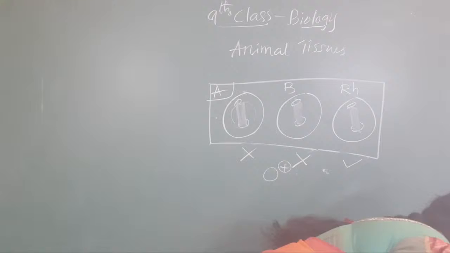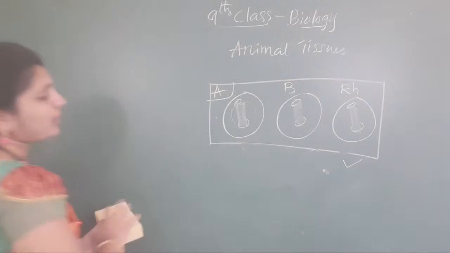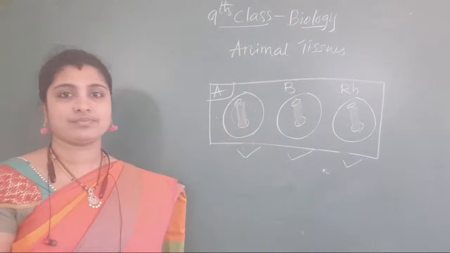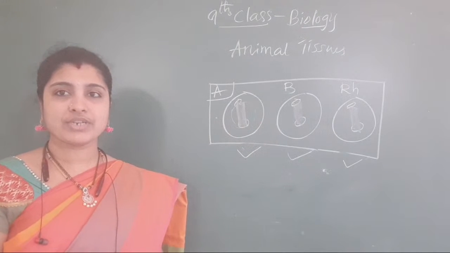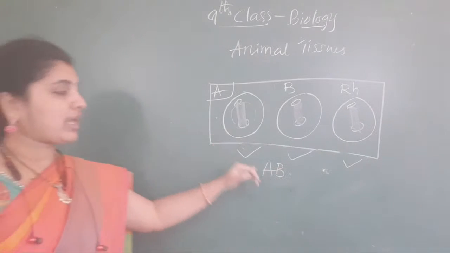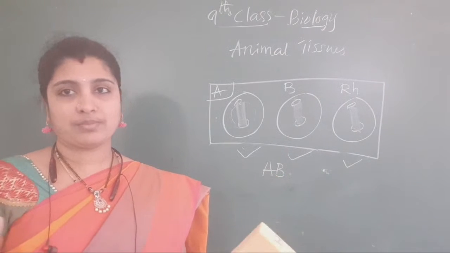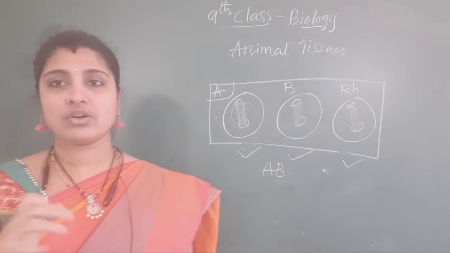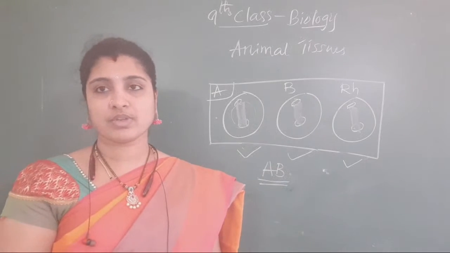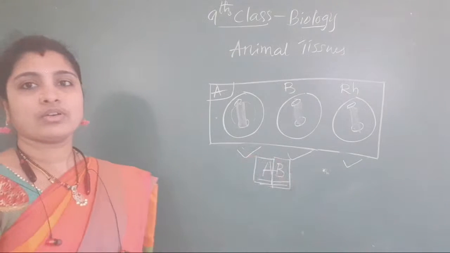So why are AB universal recipients? Because AB already has A and B. Understood, students? If you take AB, it has A factor and B factor. Okay, listen here. Suppose you are AB blood group; you have A and B both.